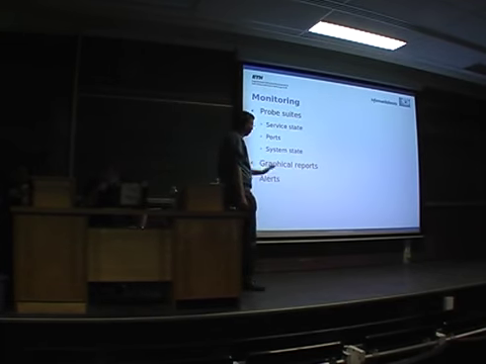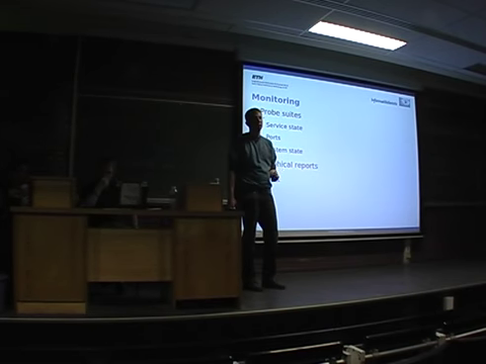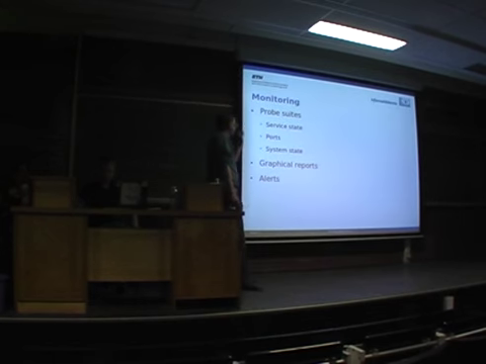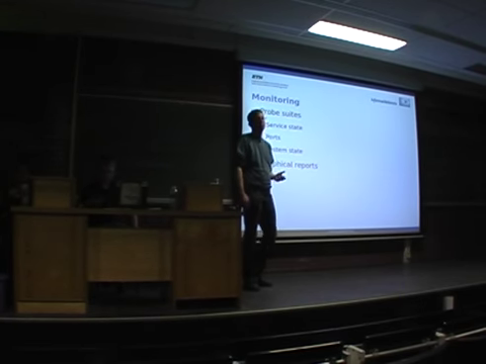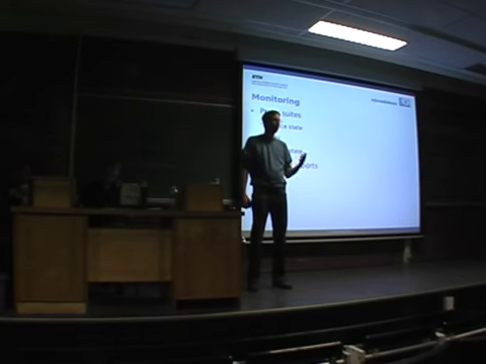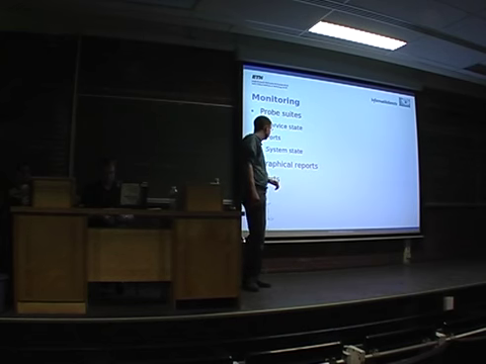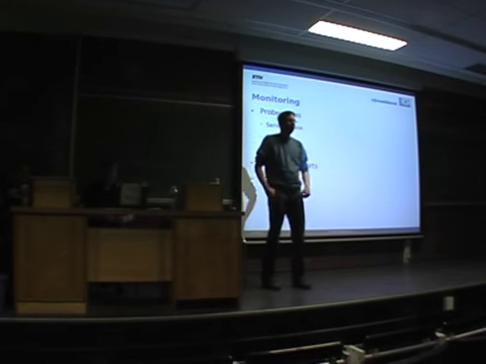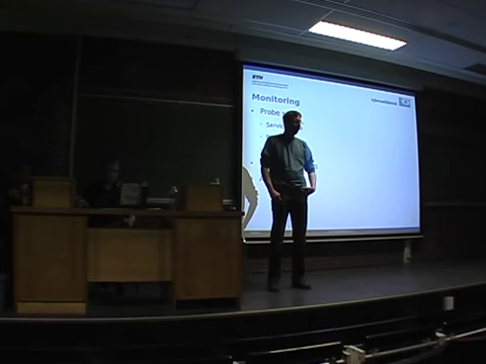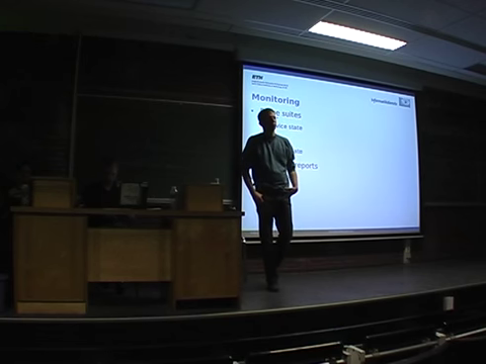You can create probe suites, and within these probe suites, you can check the status of your system. You can create service state probes. You can create port state probes so that you can simply monitor if your web server is still reachable through port 80 or 443 or something. You can also define system state probes, which will tell you, for example, the disk or memory usage of your system.